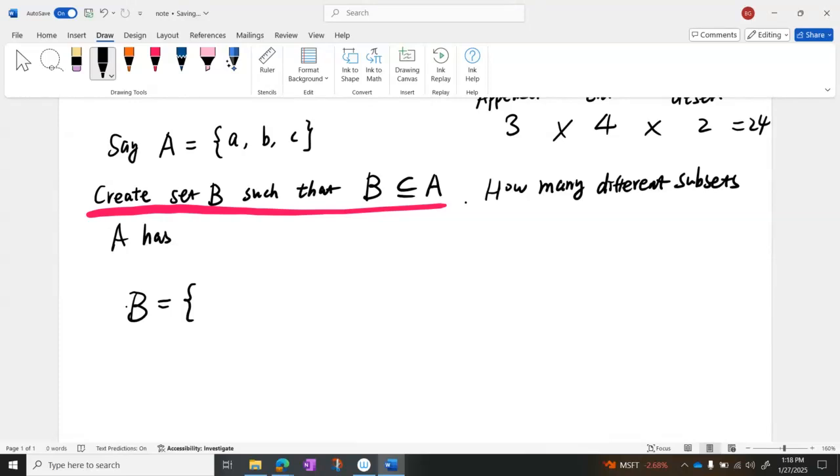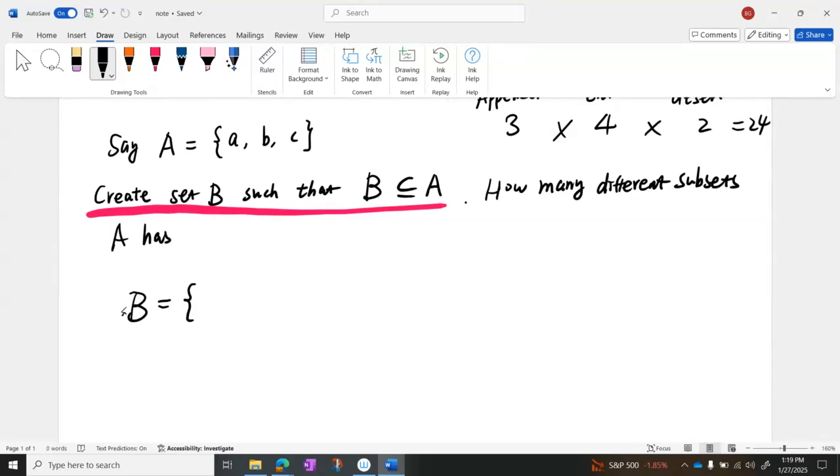In order to be a subset of A, the elements in B have to be elements in A, right? Yeah, if there are any elements in B, the elements must be in A as well. So I'm going to come up with a process.